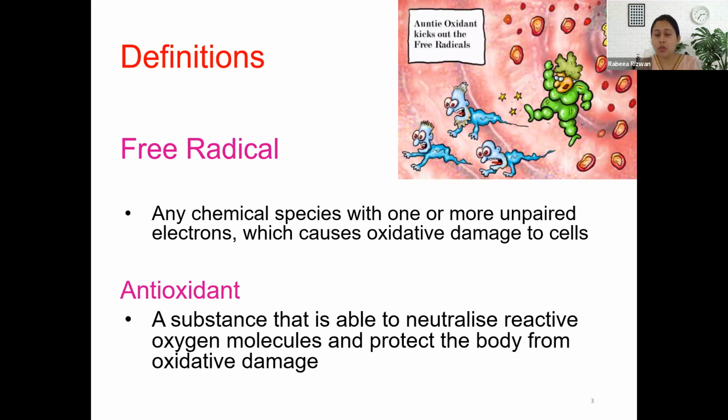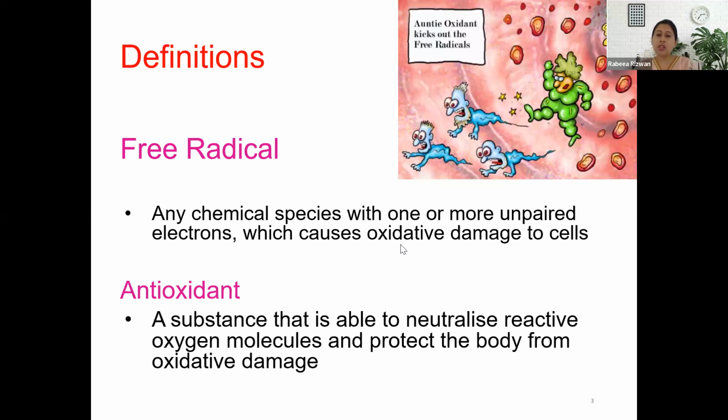For example, the hydroxyl ion OH with a negative ion over that. So these are the free radicals, and we can define them as any chemical species with one or more unpaired electrons which causes oxidative damage to the cells.